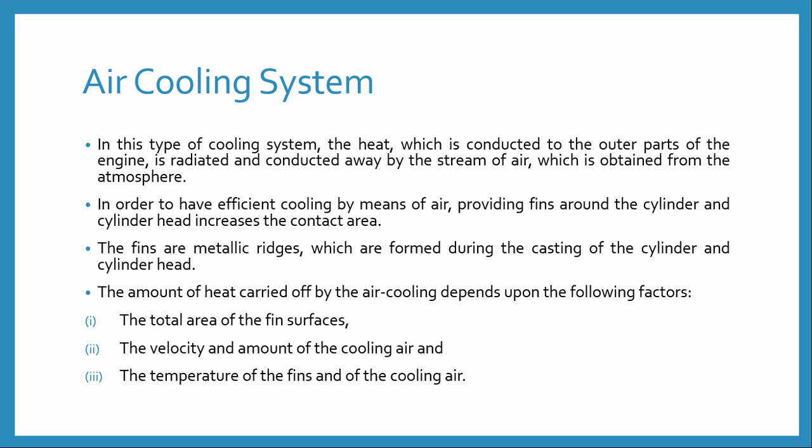These fins provide more surface area for the air contact, which results in better radiation of heat. The heat produced by the combustion of the fuel passes through the cylinder wall and the cylinder head to the fin, from where it is dissipated into the surrounding atmosphere.